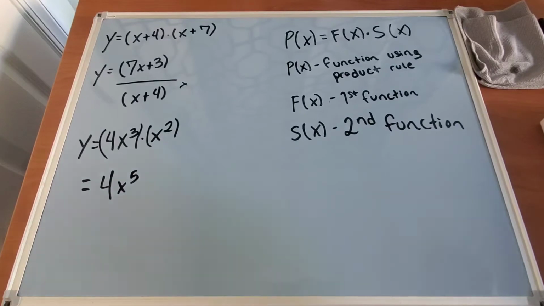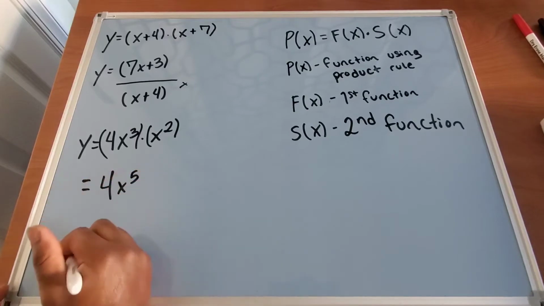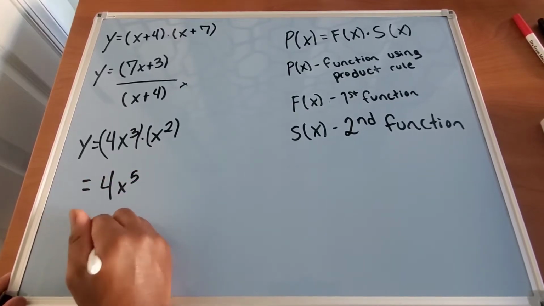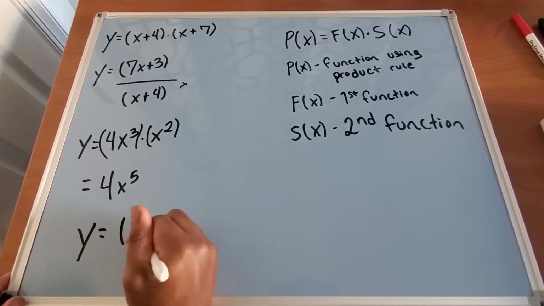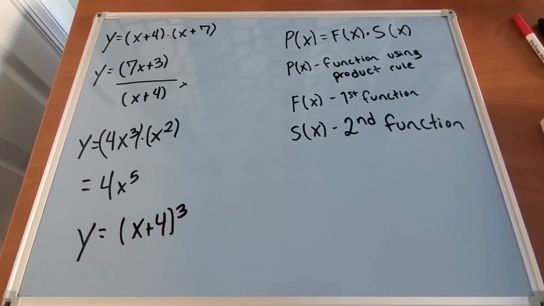That's the general form that you see for things. And one more, if you had y equal to x plus 4 to the third, then this is actually chain rule.